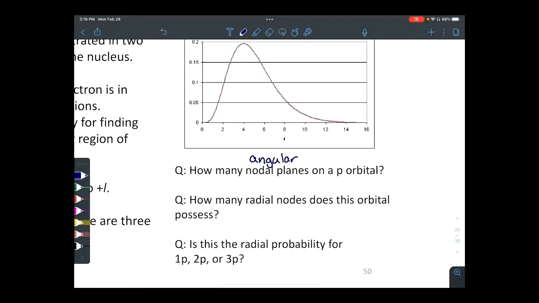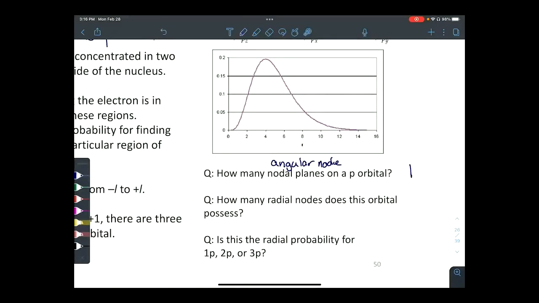I like to use both words because the homework assignment, the book sometimes uses both words, but they mean the same thing. So let me ask this again. How many angular nodes are on a p orbital? 1, because L equals 1 for a p orbital. So just 1.